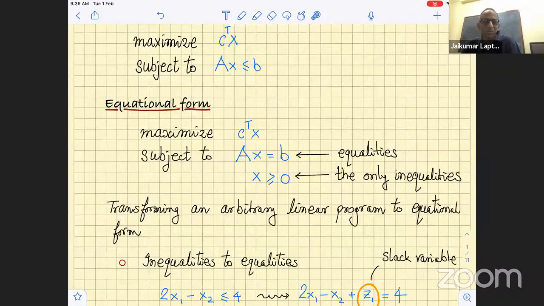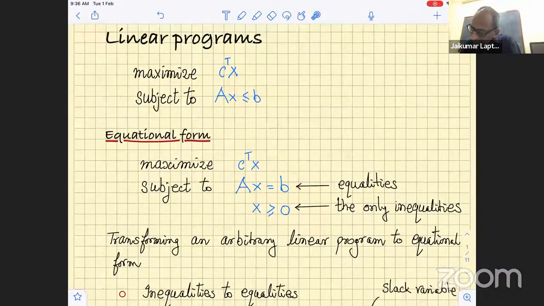It is like a system of linear equations, and then the only inequalities are that all the variables should be non-negative. So the non-negativity constraints are the only inequalities that we have. All the rest has to be equality. So it looks like a restrictive form of linear programs.